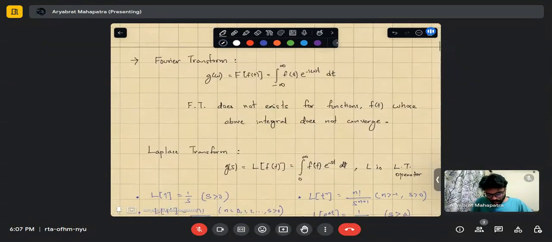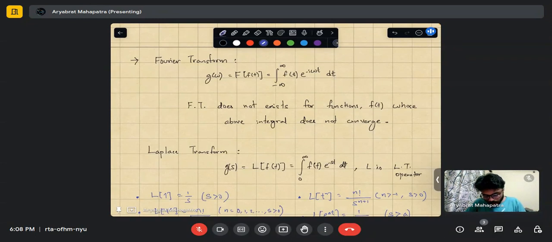Before going to Laplace transform, I would try to make you recall what Fourier transforms were. Fourier transforms, I hope you have gone through at least once in this NPTEL course, were introduced during the discussion of Fourier series expansion. In Fourier transform, you saw the definition was something like this.